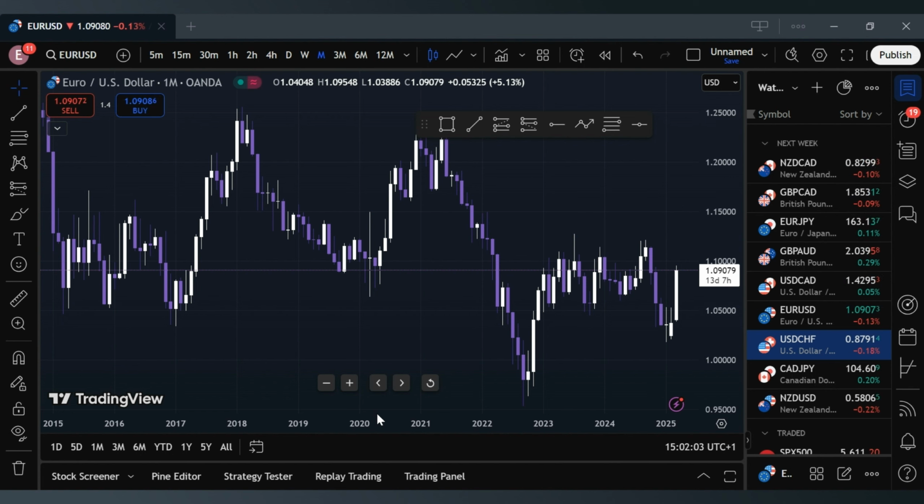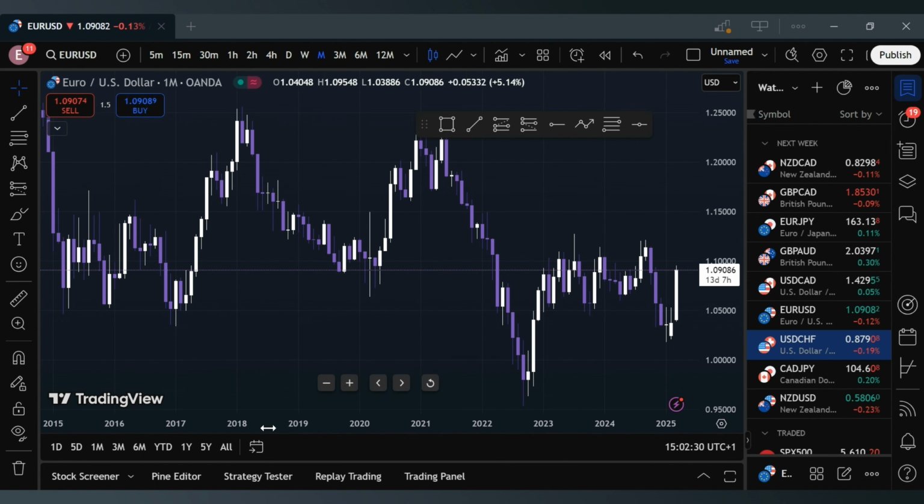I don't know if you understand. That is why I focus there. I don't go below the 4-hour time frame when I'm drawing my support and resistance zones.